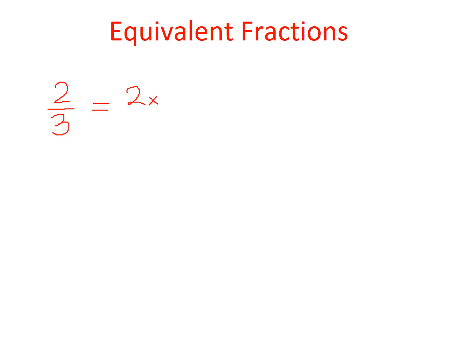Let's say I want to multiply by 2. And take your denominator, and multiply it by the same number. The same number you're multiplying your numerator with, you multiply your denominator also by 2.